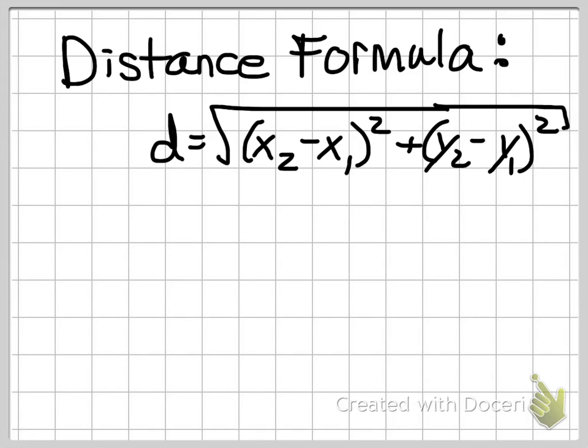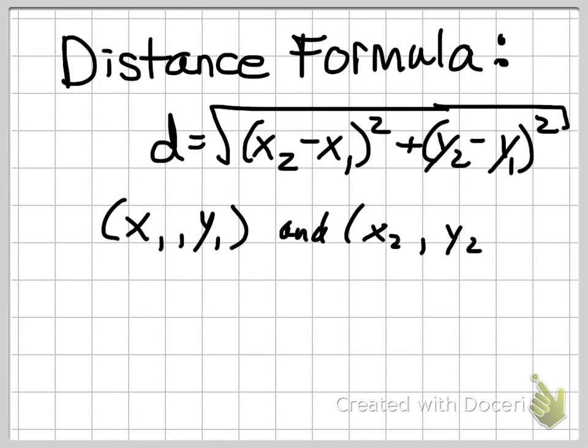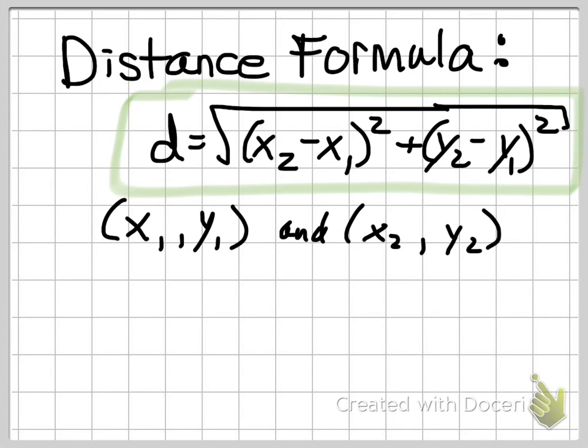So essentially it's taking that Pythagorean theorem, for any x1, y1, and x2, y2 points on a coordinate grid. You're using the distance formula in order to find the distance between just 2 points on a coordinate grid.